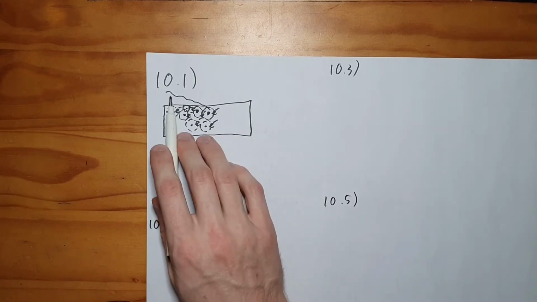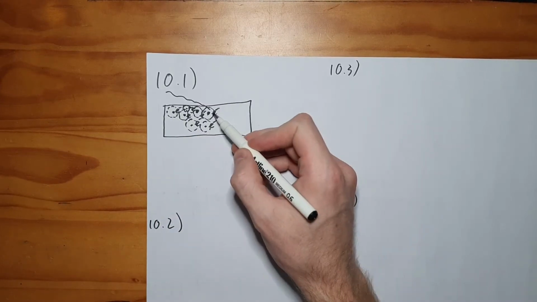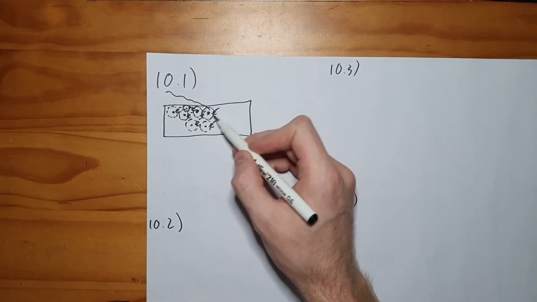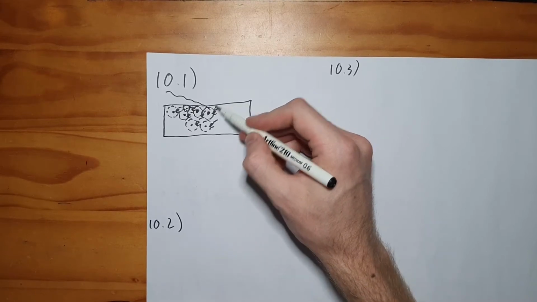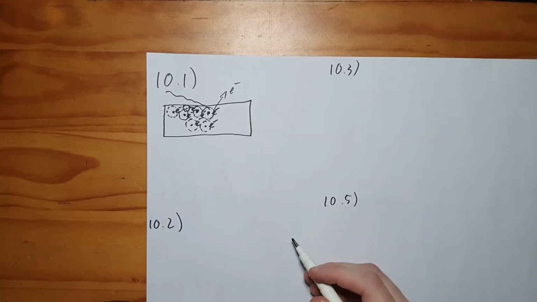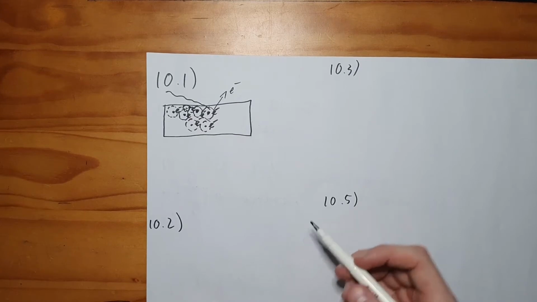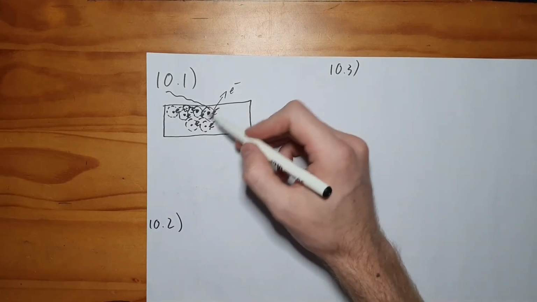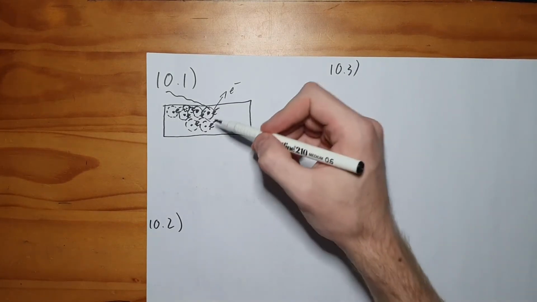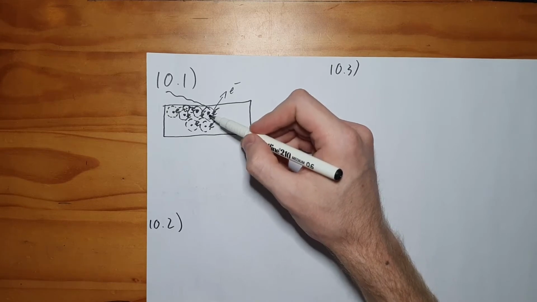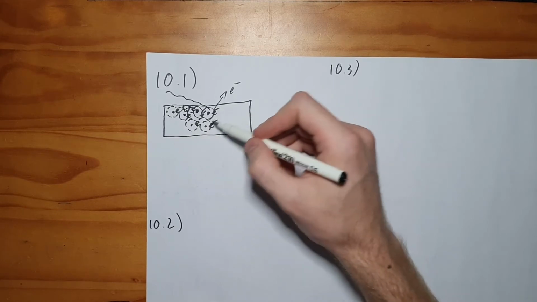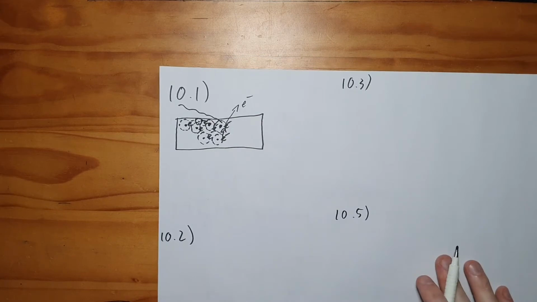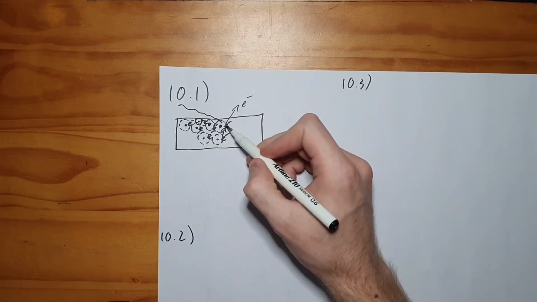So this incident light ray hits one of the electrons and energizes it. It ejects the electron from the metal, but now we have one less electron in here. So an electron from further down in the sea of electrons moves up to fill this electron gap over here.